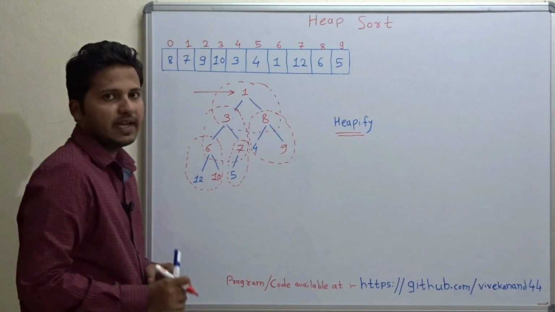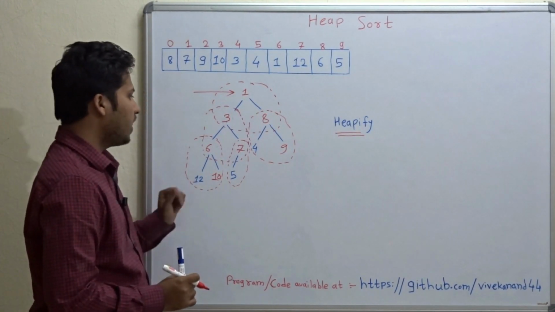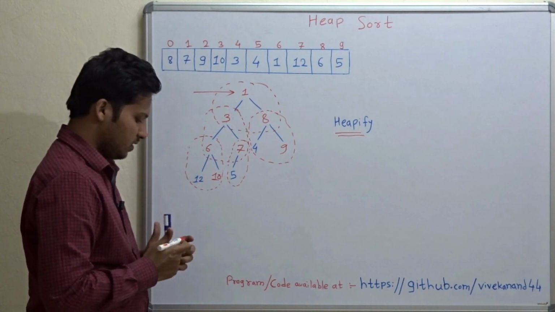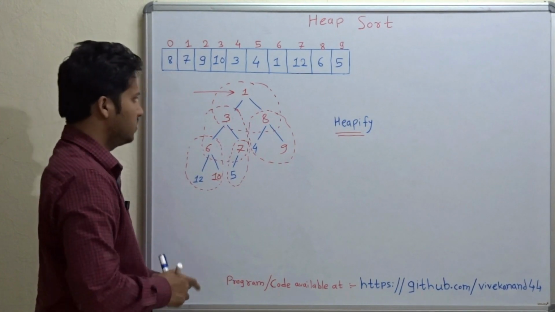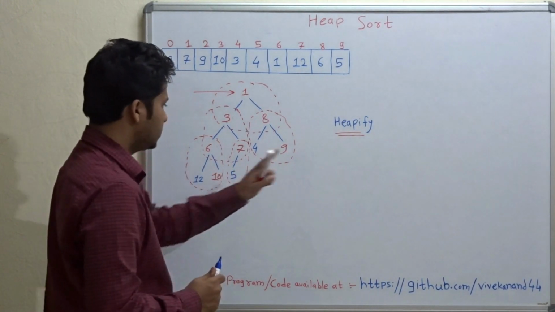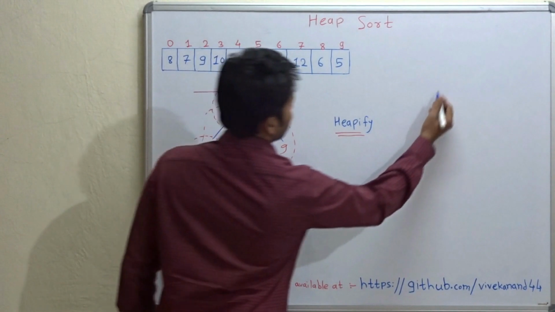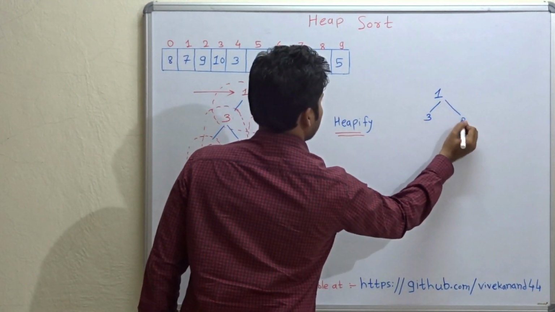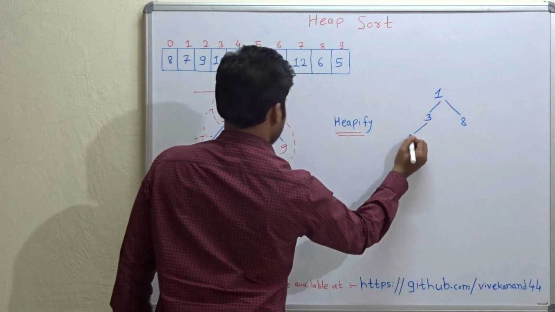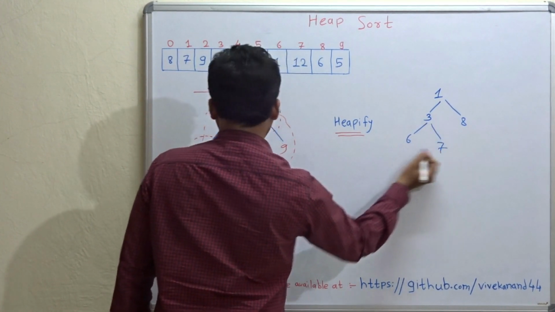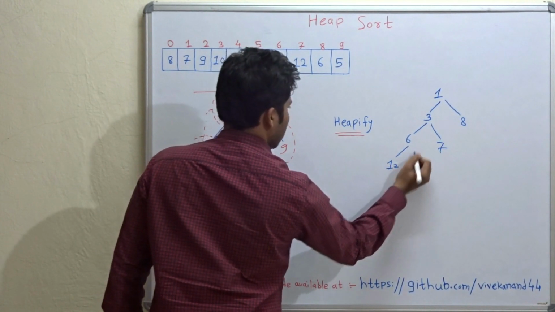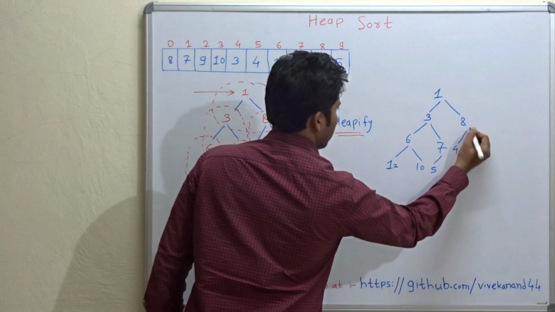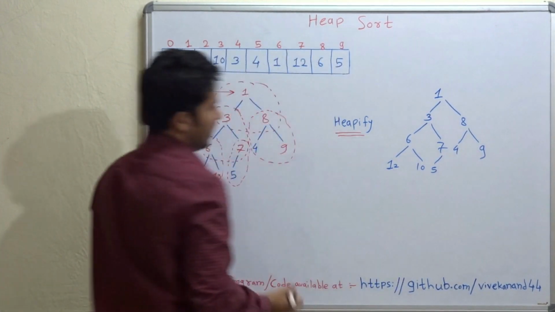So the question is, how many times do we have to apply the Heapify method on the binary tree? I will answer it. First, I will write this tree clearly: 1, 3, 8, 6, 7, 12, 10, 5, 4 and 9.